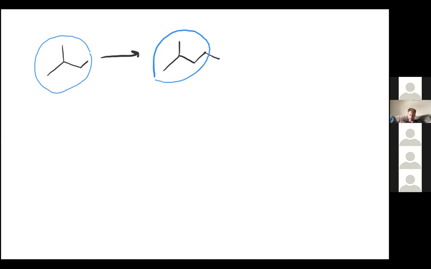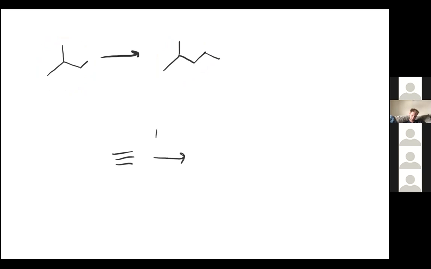So if we want to get an extra carbon in this reaction, we need to get to some sort of alkyne, add in NaNH2, and then something like methyl iodide.